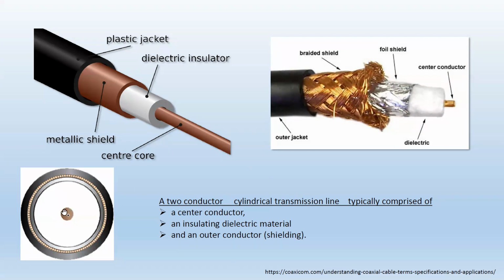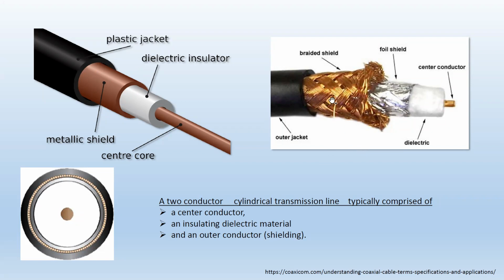So here's the center core. Here's the dielectric that separates the center core and the metallic shield or ground reference. And of course, it's dressed up in a plastic jacket or some sort of a PVC jacket. Okay. Now, over here, what you can see is the shield is braided.